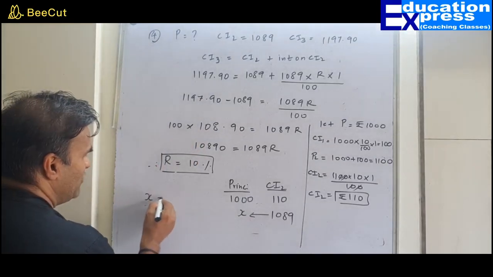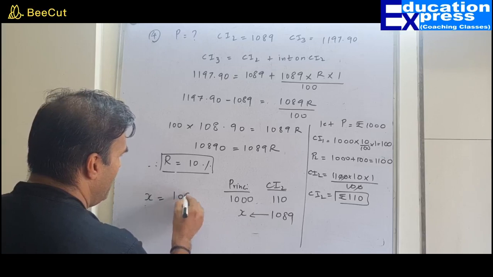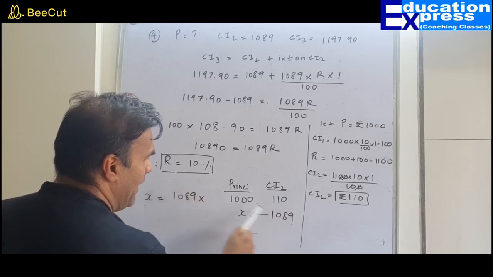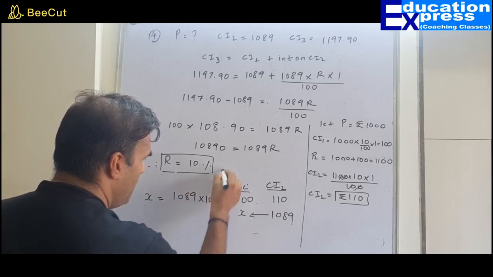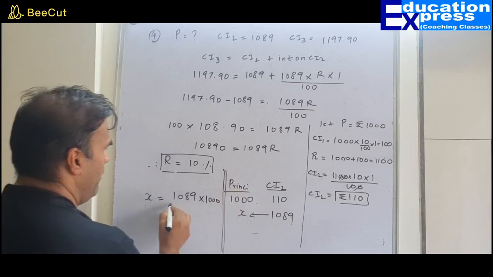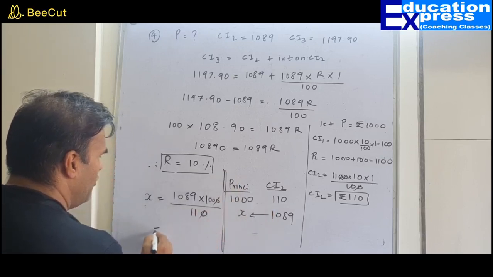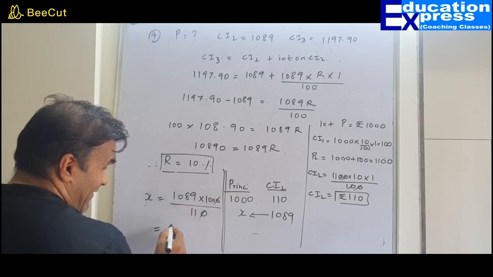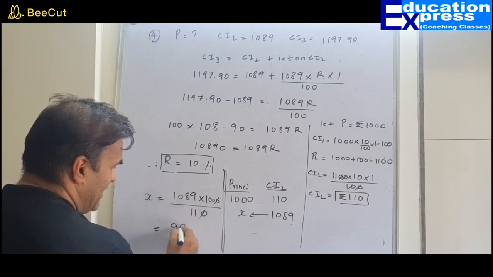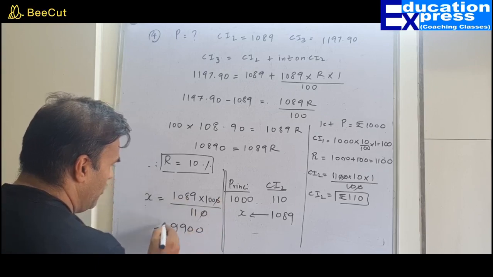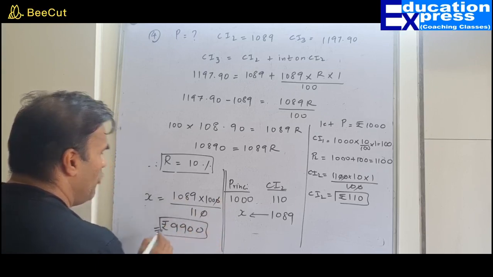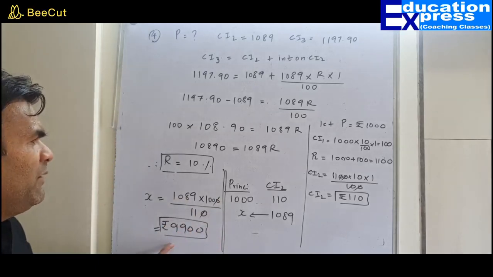My x would be 1089 multiplied by 1000 upon 110. 0 cancels 0. 11 nines are 99. Again 9s are 99. 9900 rupees. So my dear friends, my principal would be this.